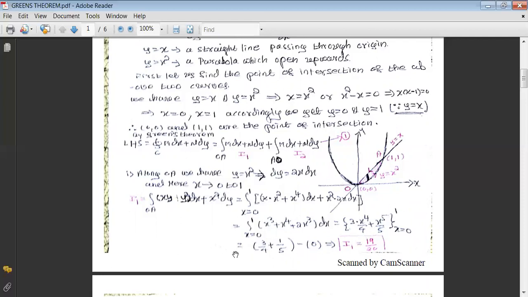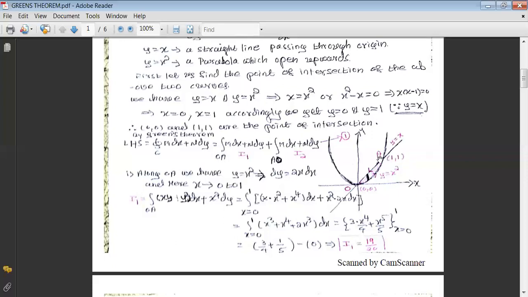Taking the upper limit, we find 3 by 4 plus 1 by 5, minus the lower limit, which reduces to 0. Therefore, taking 20 as the LCM, that is 15 plus 4, that is 19 by 20. Therefore, that is the value of I1, the integration along the curve OA.